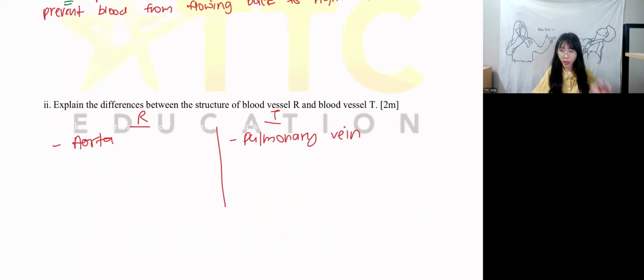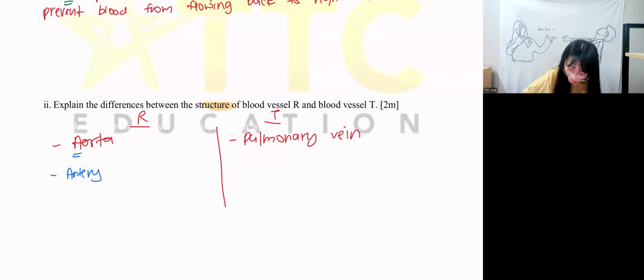But the question says structure. Structure means the things that we can see from a diagram, right? First, is aorta a vein or an artery? Correct. Aorta starts with A, so it's an artery.